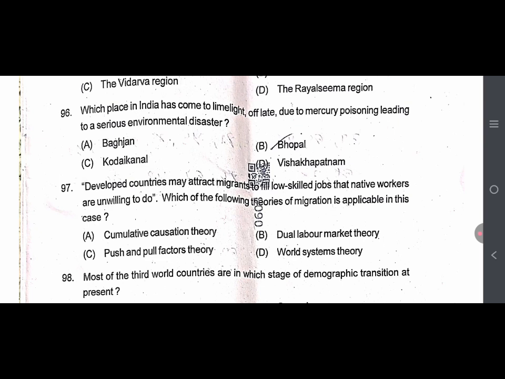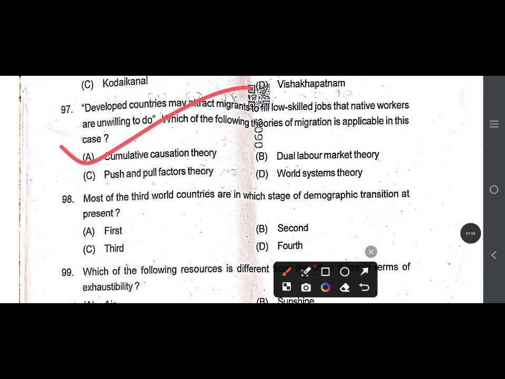Okay, answer to be option C. 97. Developed countries may attract migrants to fill low skilled jobs that native workers are unwilling to do. Which of the following theories of migration is applicable in this case? Okay, answer to be option A.